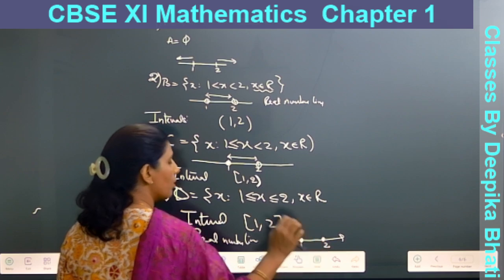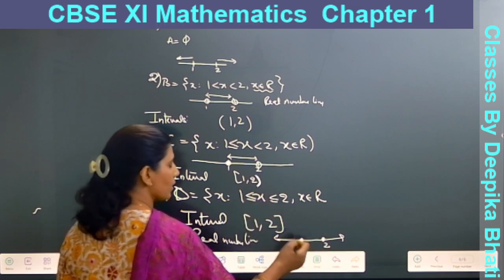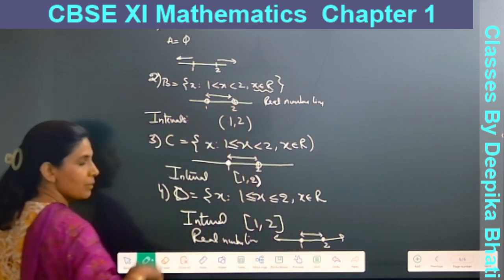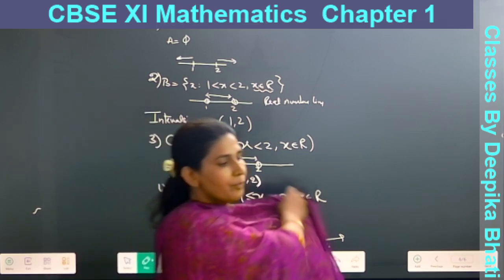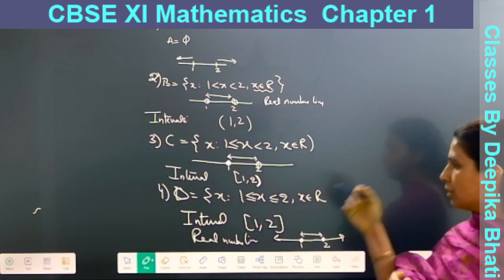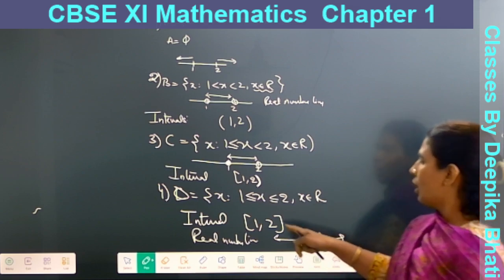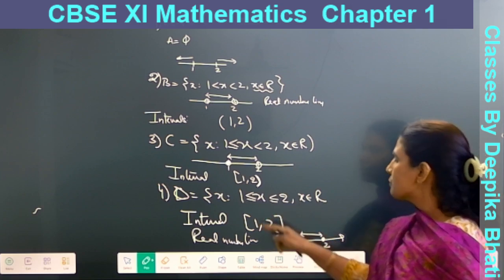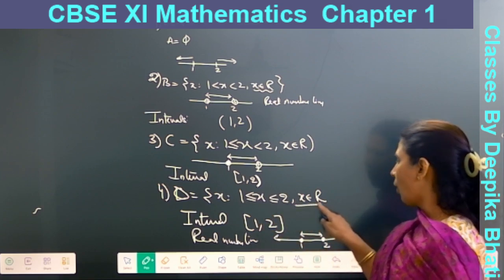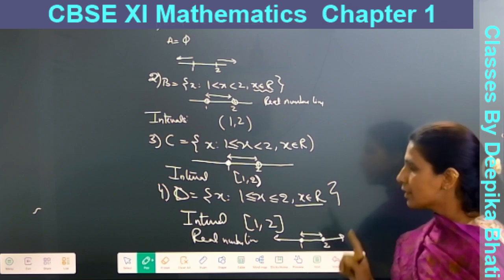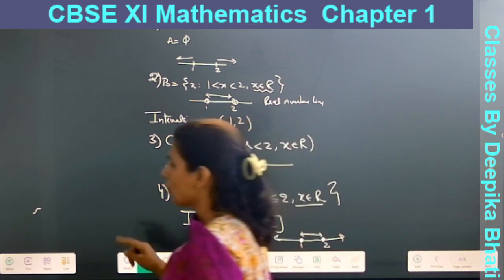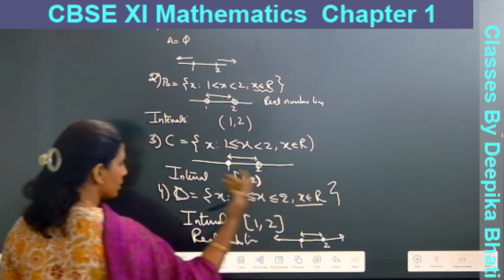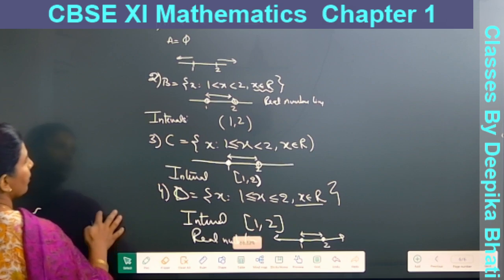These filled black balls, or open white balls, here represent the inclusion; the open ball represents the exclusion. So you need to learn both how to write the interval form as well as the real number line form. These forms only come when we talk about real numbers, not in the case of natural numbers, integers or whole numbers, or you can say rational numbers also.